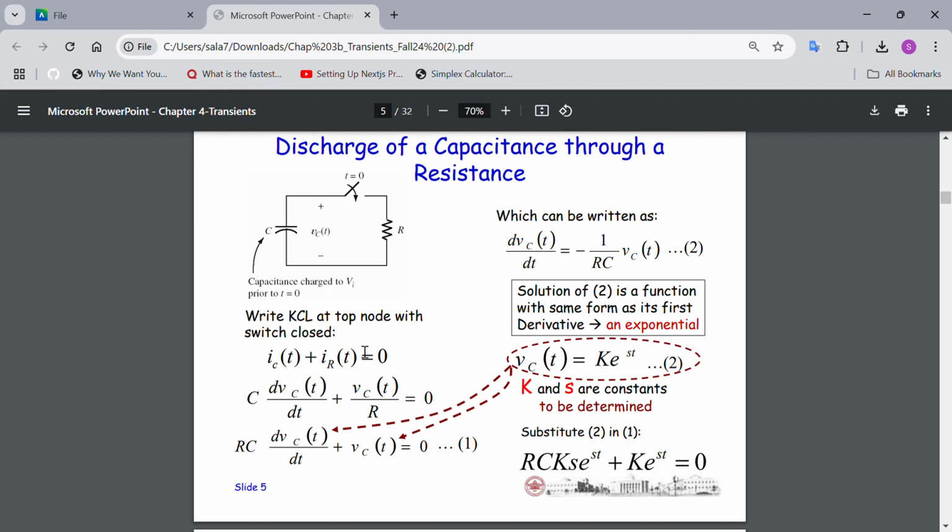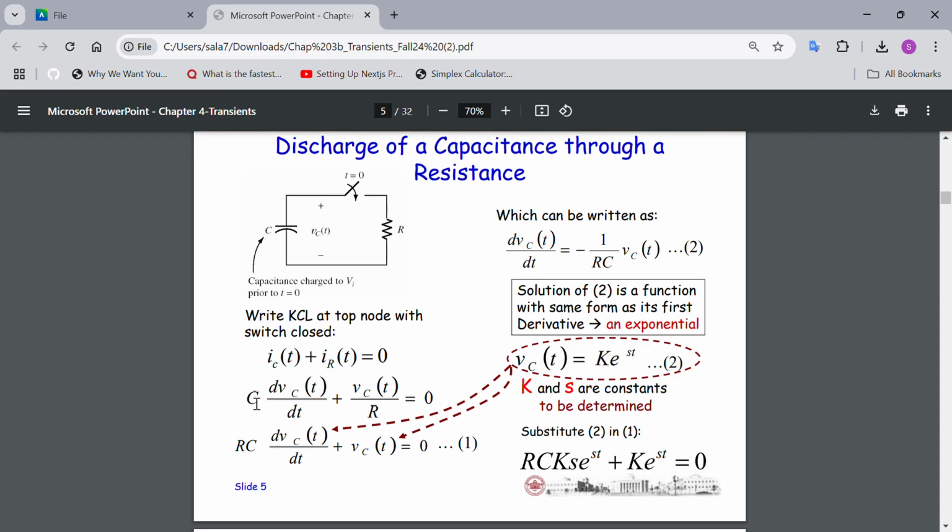Ic is equivalent to C times the derivative of the voltage, C dVc over dt. And for Ir, from Ohm's law, Ir is just Vc over R, the voltage across C over R.